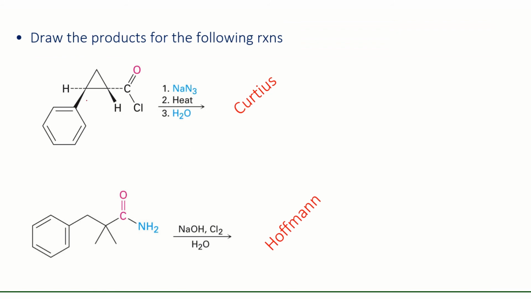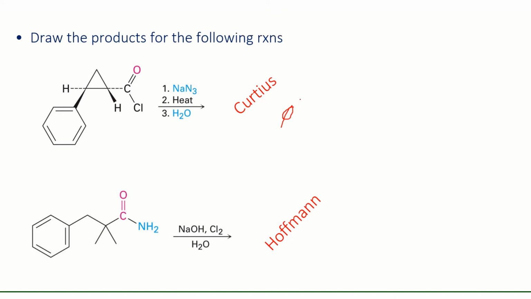So let's have a look at this. This is Curtius, and this one of course is the Hoffmann, and all we're asking is for you to come up with the products. I'm just going to shorten this phenyl ring, of course, to make it a bit simpler and easier to manage.